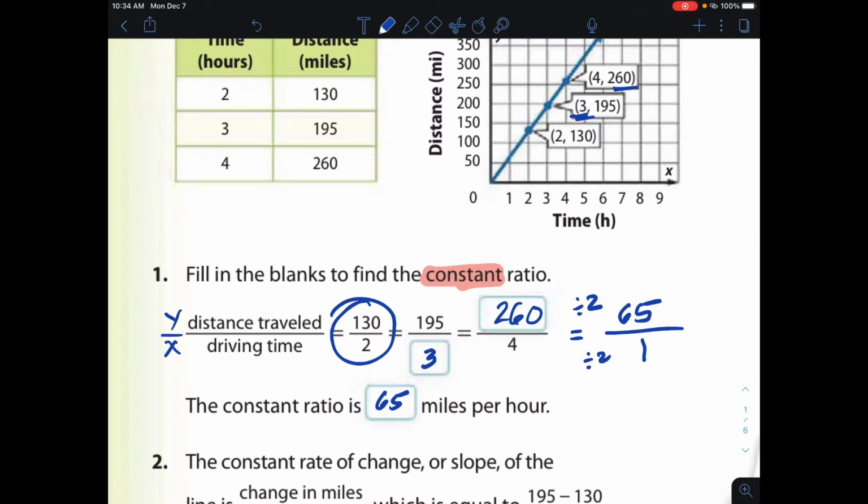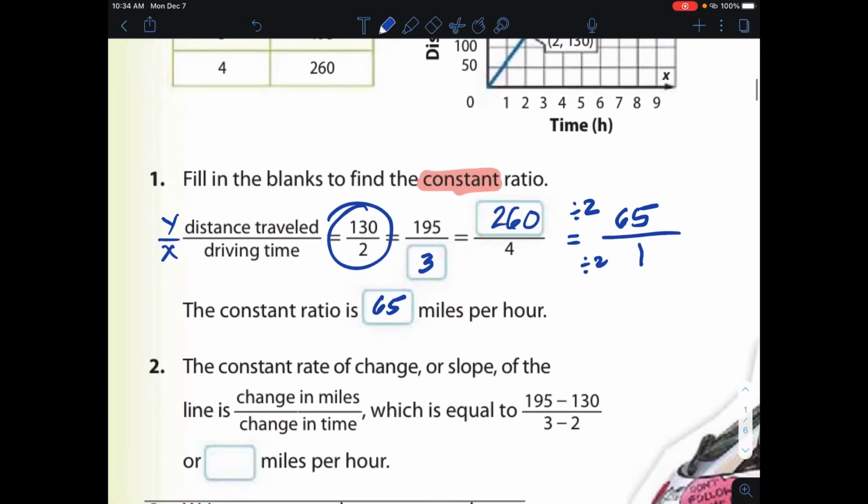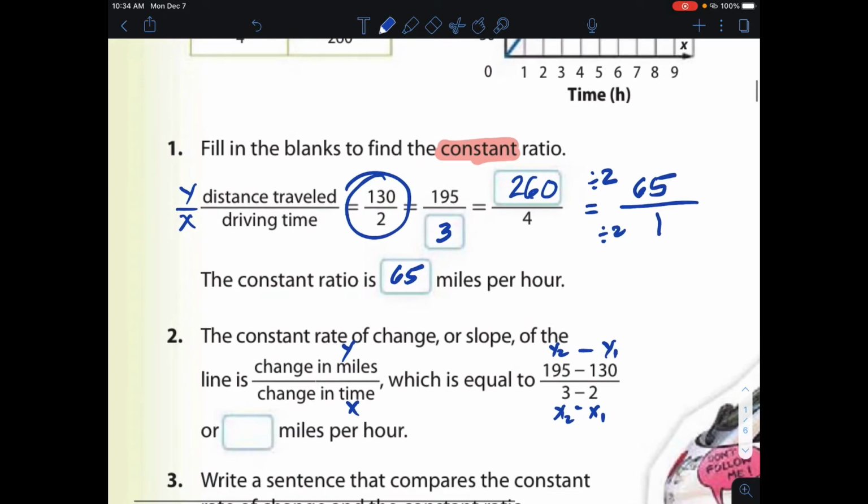The constant rate of change, or slope, remember, will be the change in miles, which is also our change in y, over the change in time, which is also our change in x. And if we use the formula for slope, y2 minus y1 over x2 minus x1, we still get the same, which is 65 miles per hour.